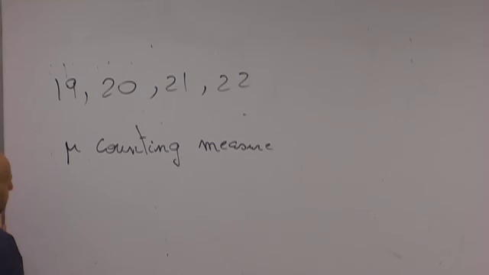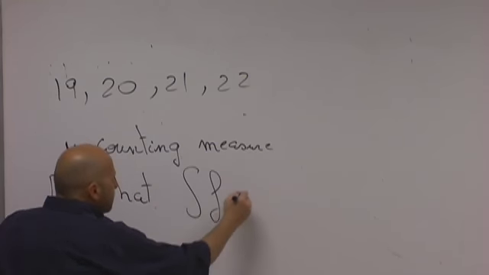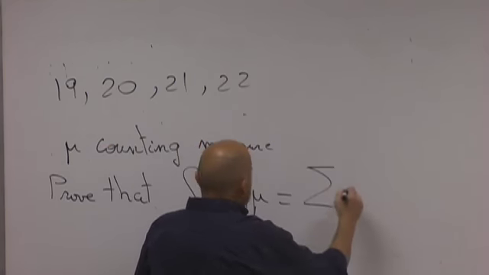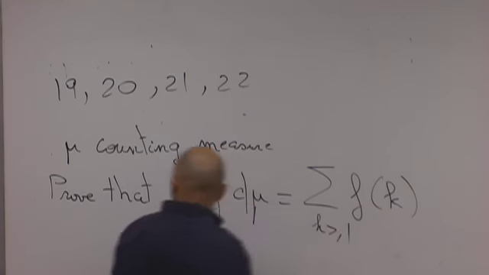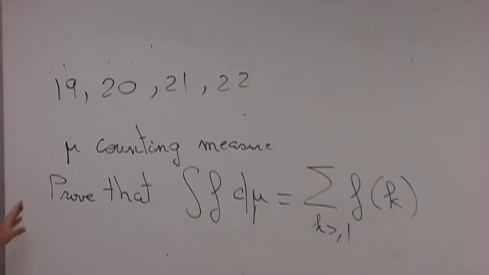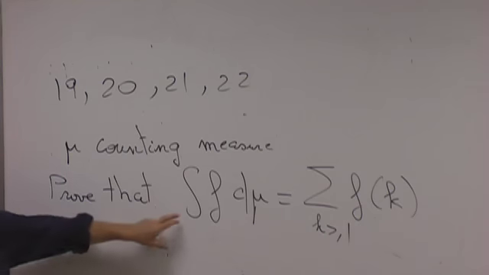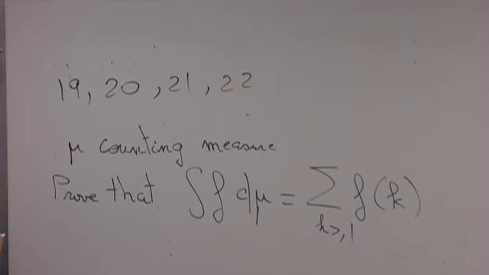You should first prove that the integral of f with respect to the counting measure mu is the series of f(k). So this is before doing 22. Prove that. And to prove that, do the 3 steps proof. Okay, start with an indicator, and then a simple function, and finally a positive function.